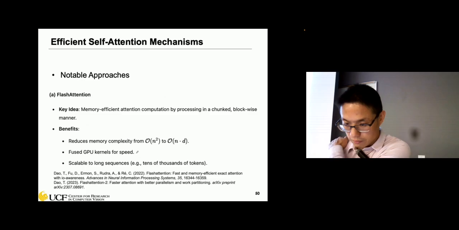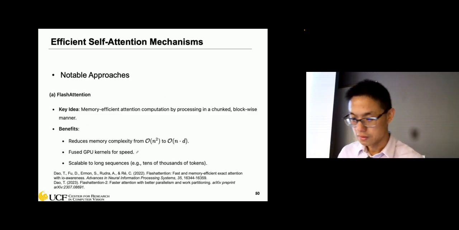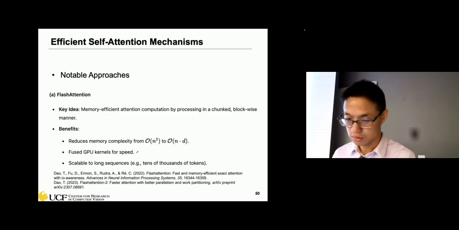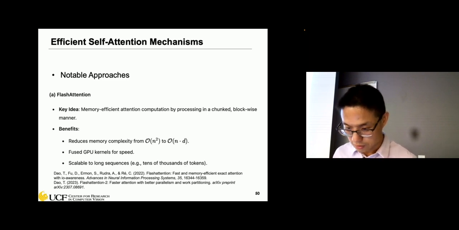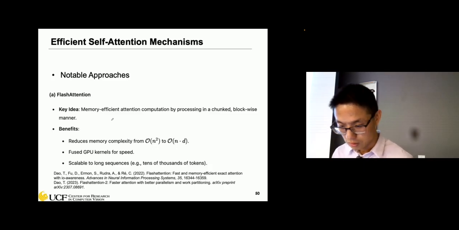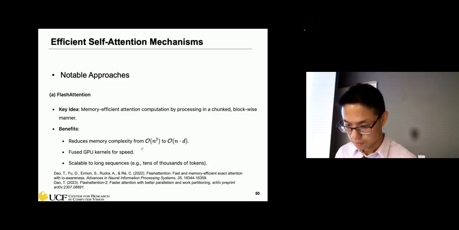So people have come up with some notable approaches trying to reduce the complexity of the self-attention mechanism. Basically, how can we reduce the complexity from quadratic to maybe linear? There are some notable solutions like flash attention, which uses memory-efficient attention computation to reduce the memory complexity from n squared to n times d.